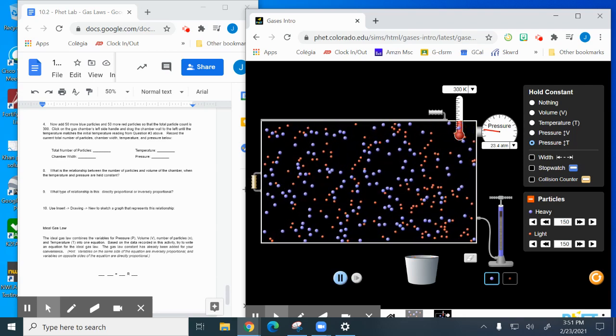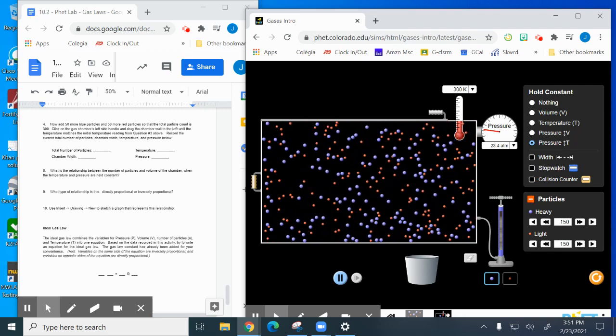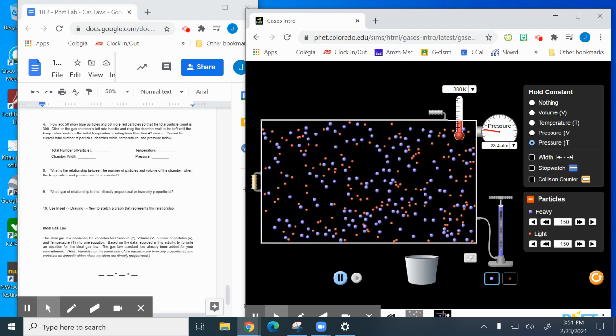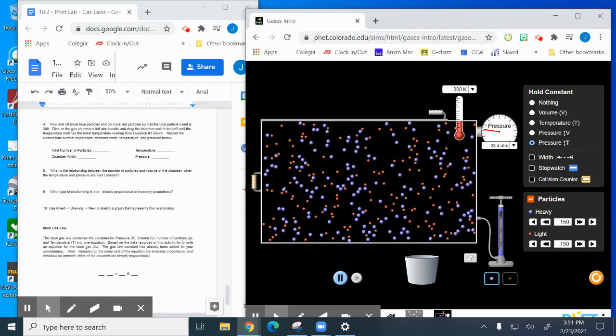There we go. Record the total number of particles, the chamber width, the pressure, and the temperature.